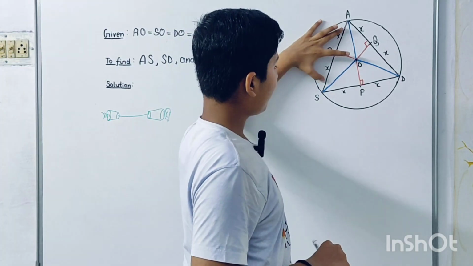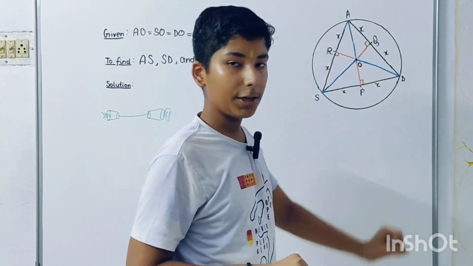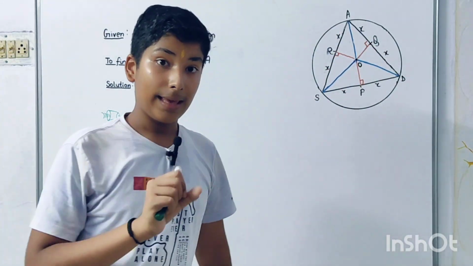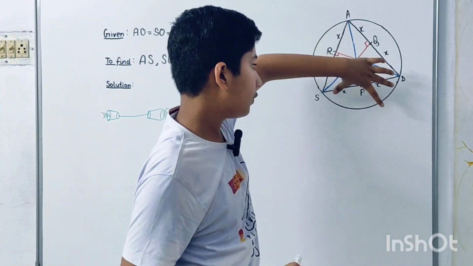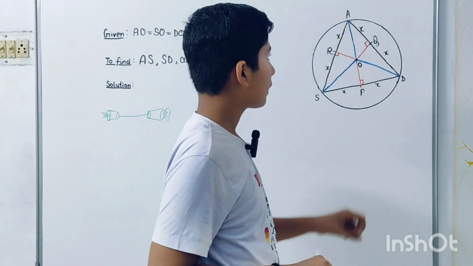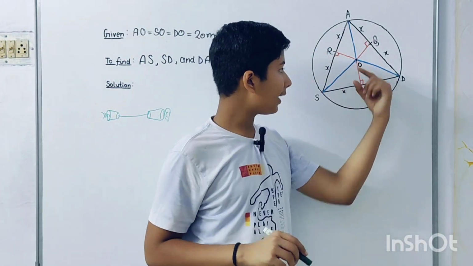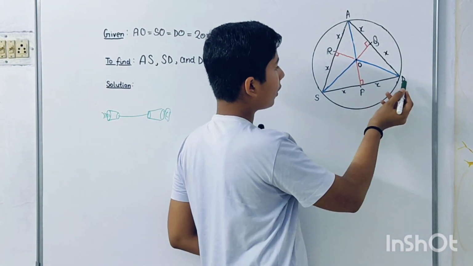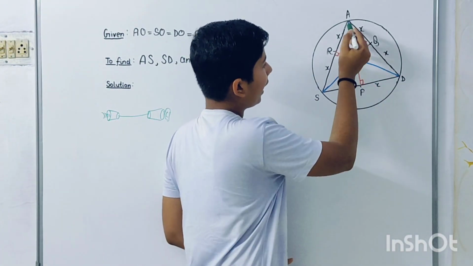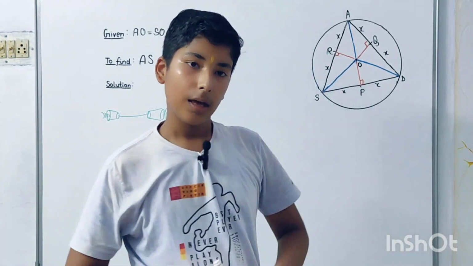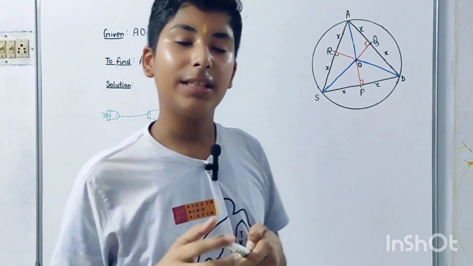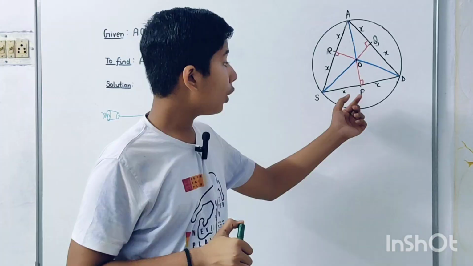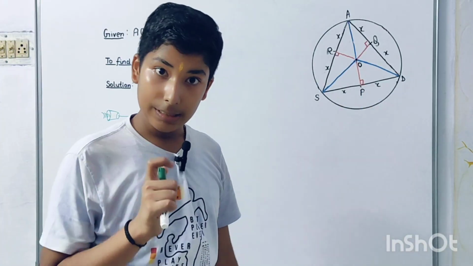So the length of wire of each walkie-talkie is the same. This is equal to this is equal to this. And we have drawn the perpendicular on SD, which is P, on AD, which is Q, and on AS, which is R. P, Q, R. These are perpendicular, and also these are midpoints.